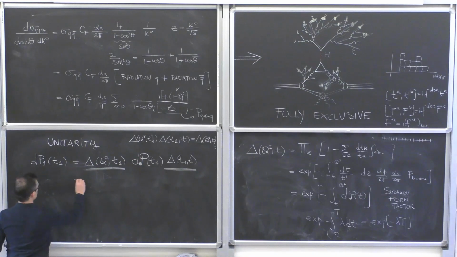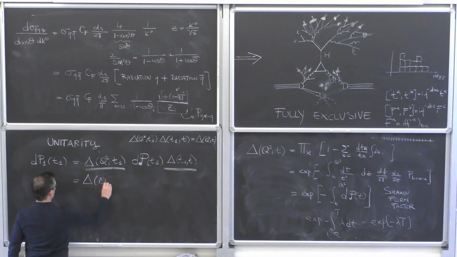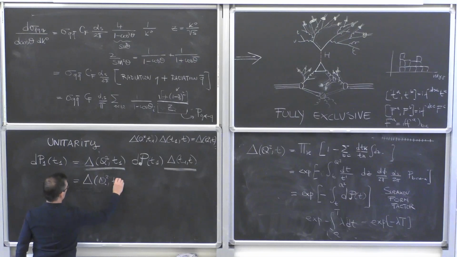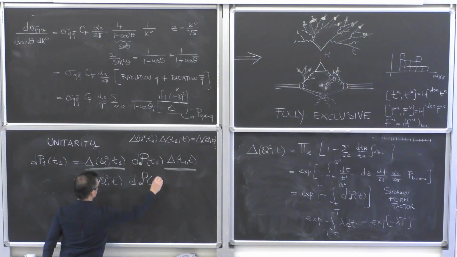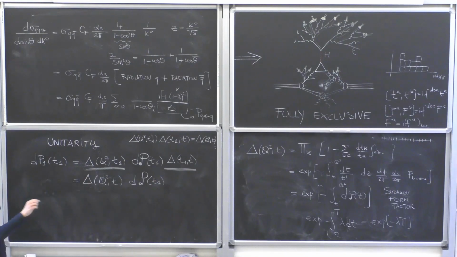So this is the total thing of not emitting at all times, with one emission at t1. And then I will have to integrate over t1.